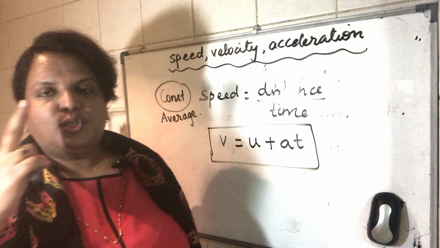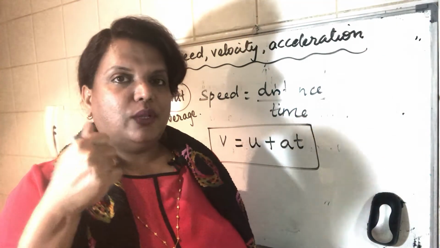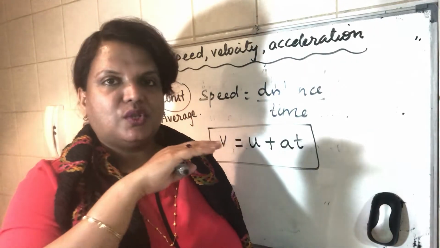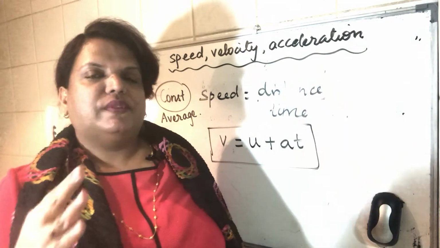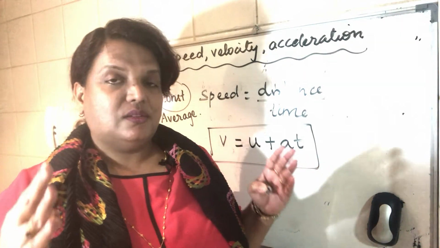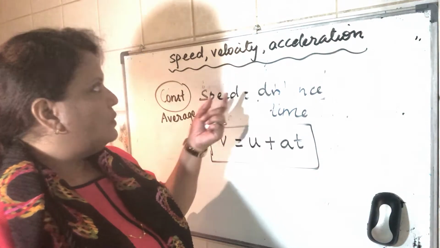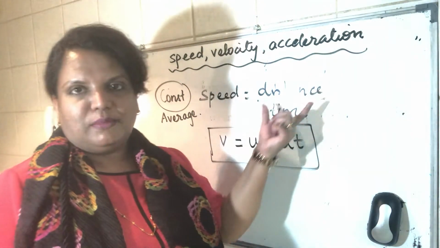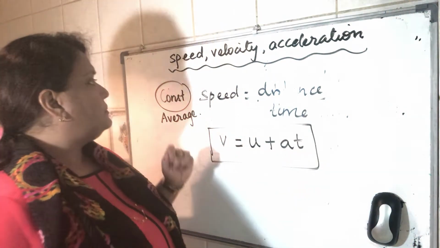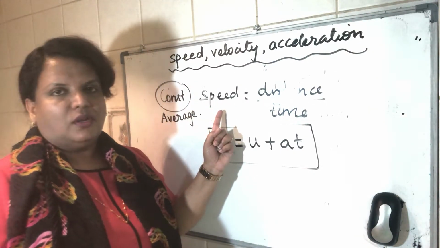So there are two places you'll use distance over time: when the object is traveling at constant speed, where the speed is constant throughout the portion of the journey you're considering. If it is velocity, you can also use displacement over the time taken. So that's for constant speed or constant velocity.